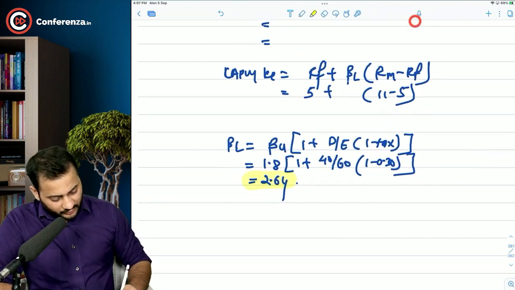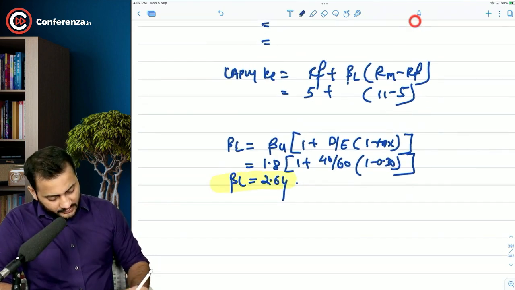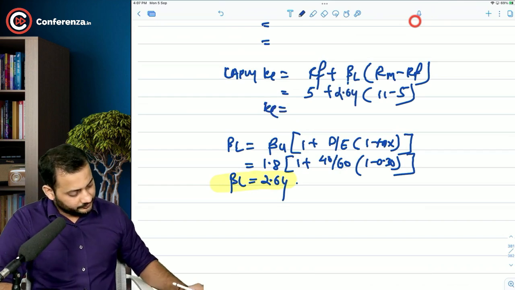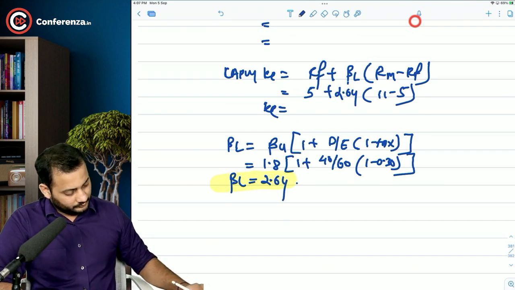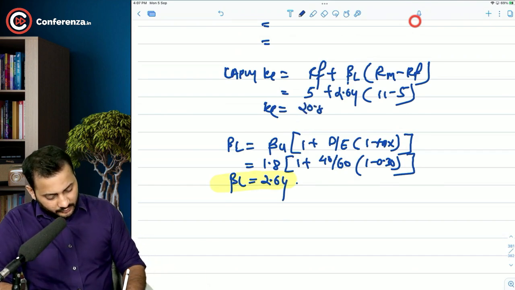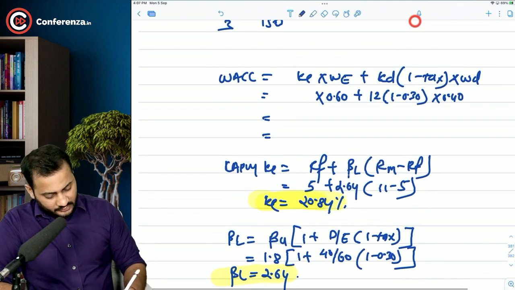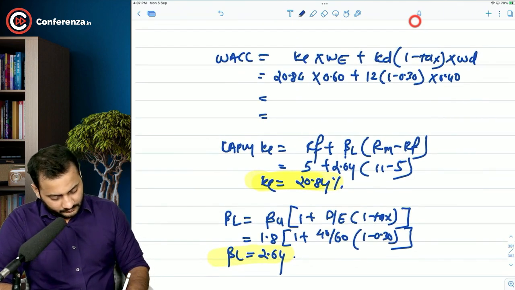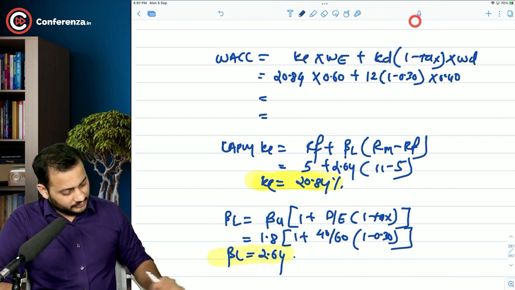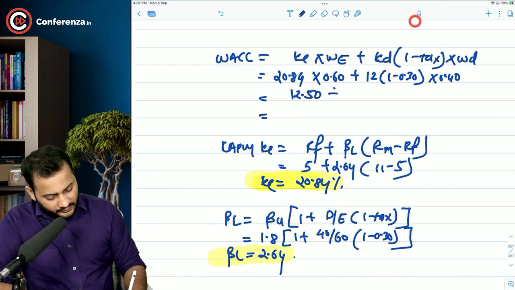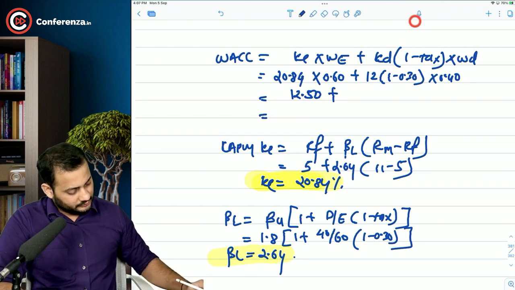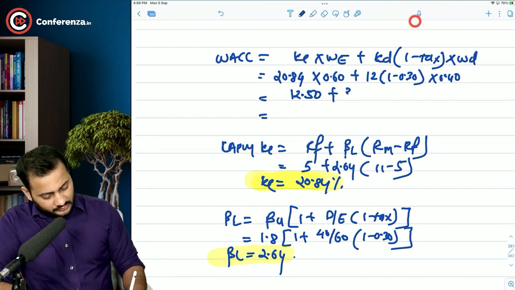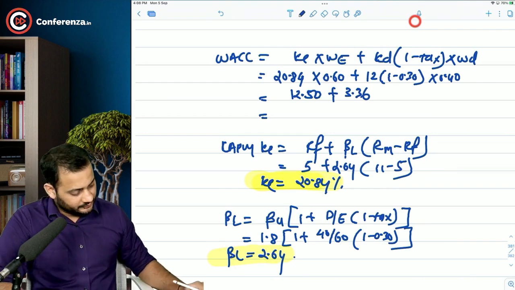Now you put this value of 2.64 levered beta here. Now you will find out the cost of equity. That's 20.84%. You can use this 20.84 in this formula, 20.84 into 0.60, that's 12.50, plus 3.36 of the debt.